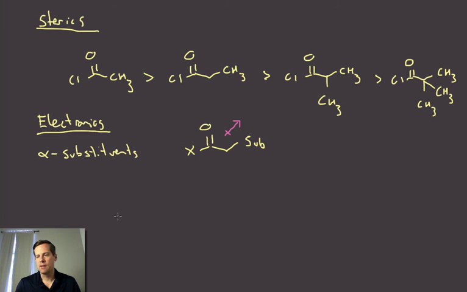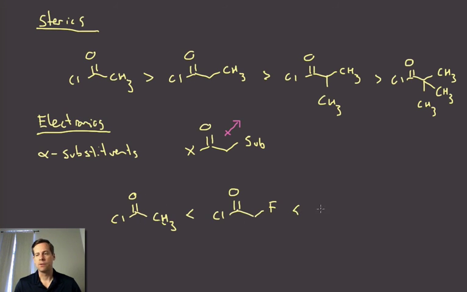We could demonstrate this by showing a quick series of acid chlorides. There's acetyl chloride again, and in this scenario, that's going to be the least reactive. If I put an electron withdrawing fluorine on that position, that's a strong inductive withdrawer, and that's going to make this acid chloride more reactive than that one.